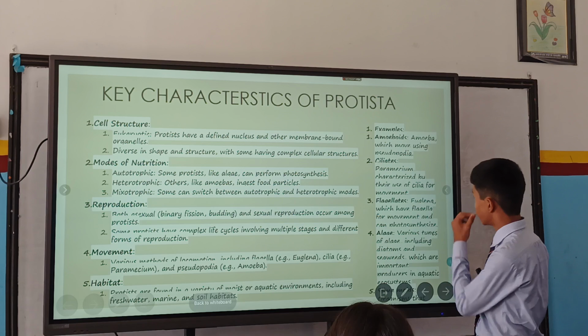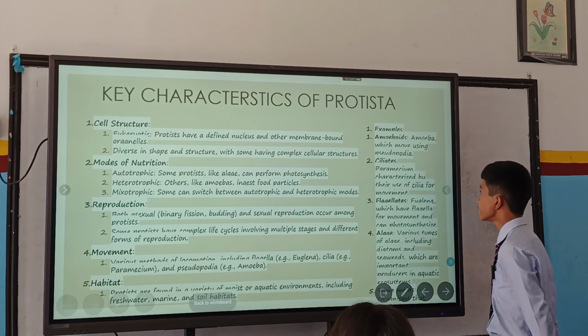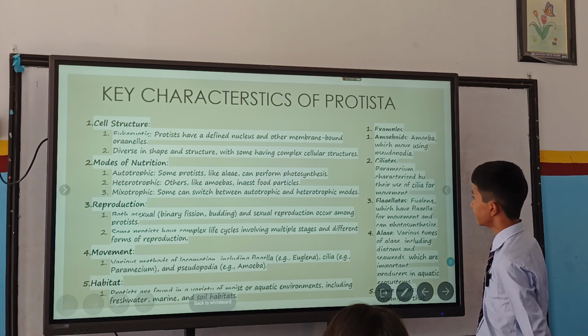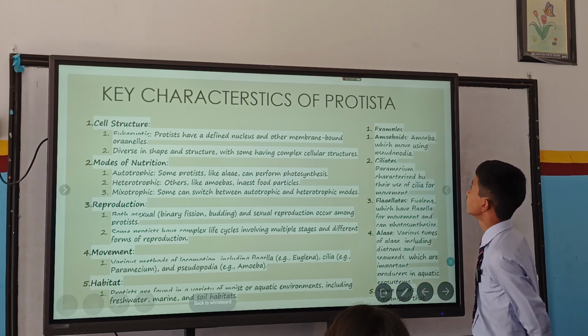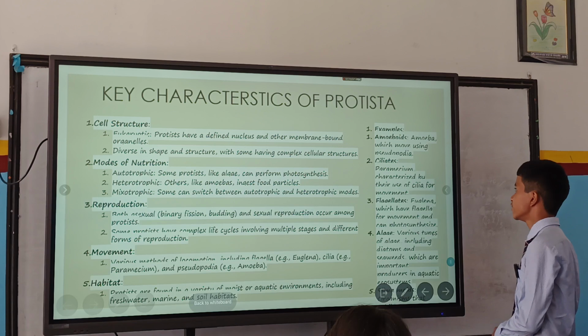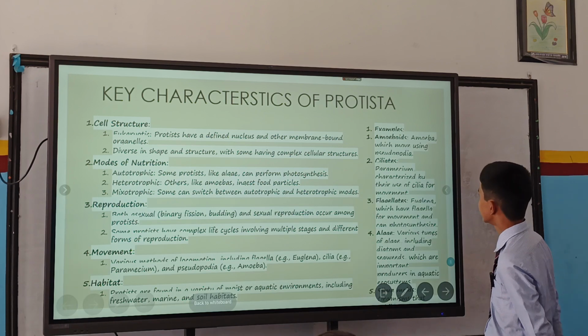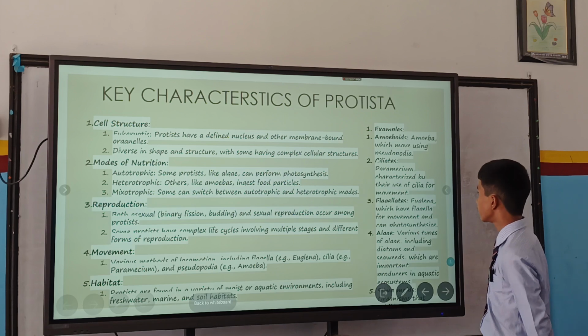Examples of protistas: amoeboids, like amoeba, which move using pseudopodia. Ciliates, like Paramecium, characterized by their use of cilia for movement.